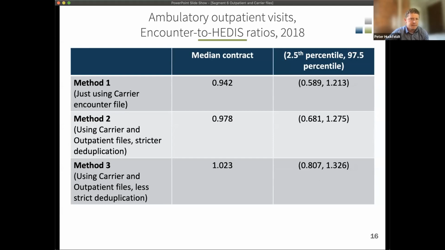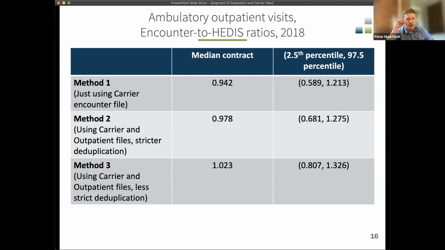So we're capturing something like 6% fewer visits, a 6% lower visit rate in the encounter data than in the HEDIS data for the median contract.